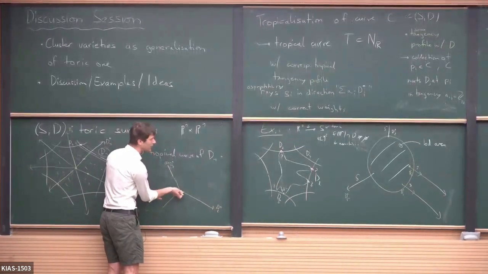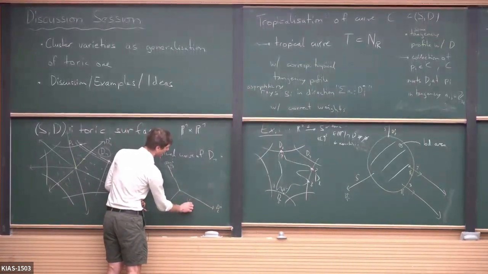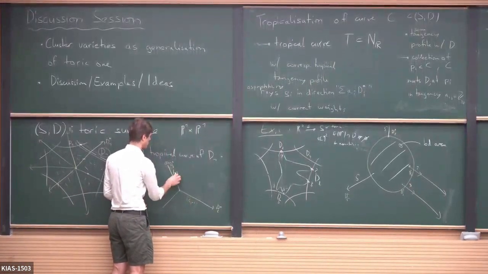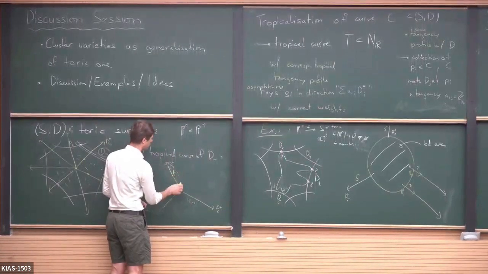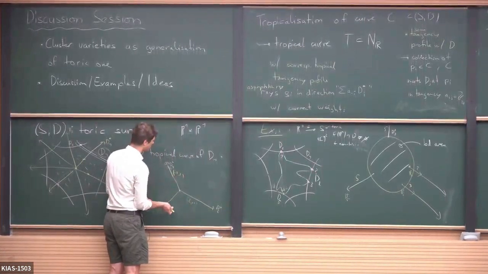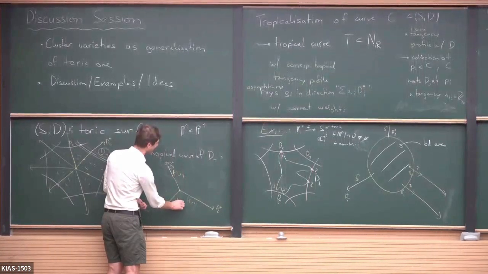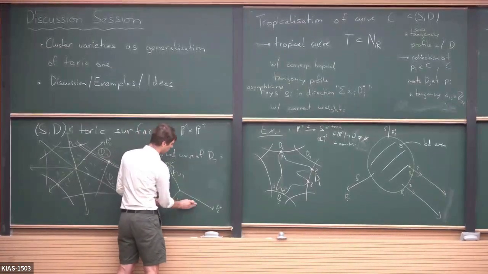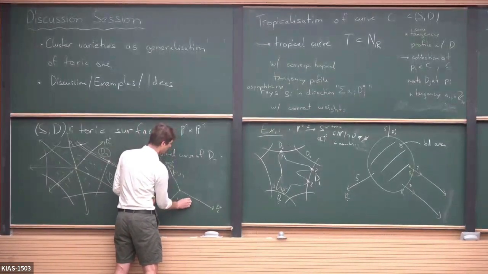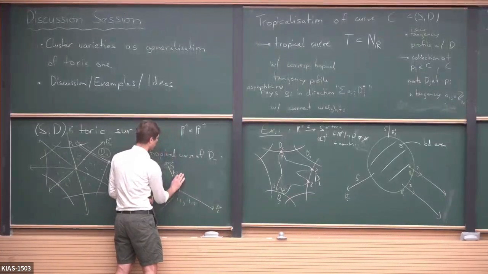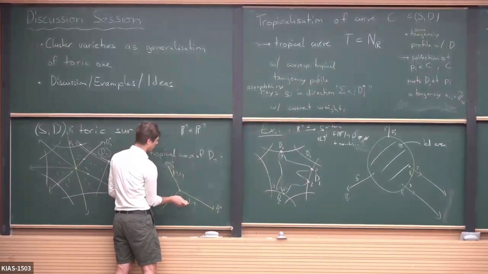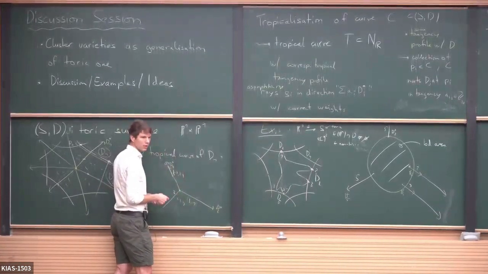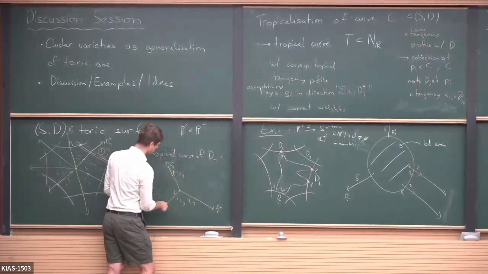Balanced means, if this was, I don't know, 2, minus 1, and this was minus 1, 2, those are random numbers, then this one has to be minus 1, yeah? Or maybe we'll take 3, minus 1, and minus 1, 3. Then this one has to be this one with weight 3.